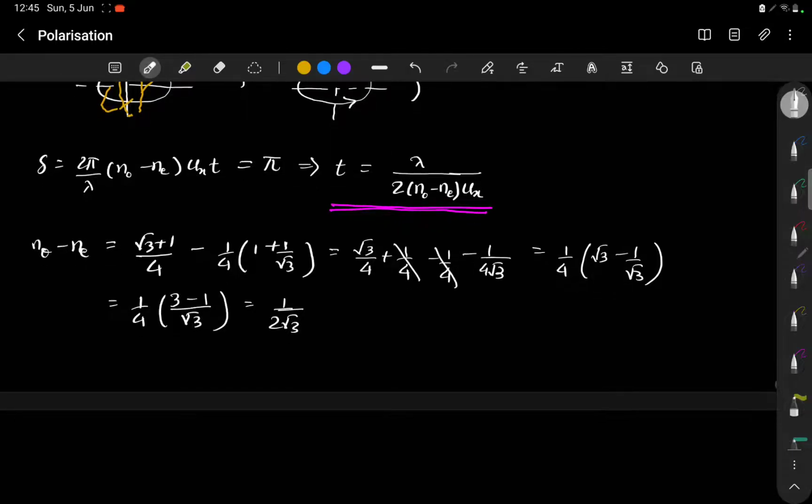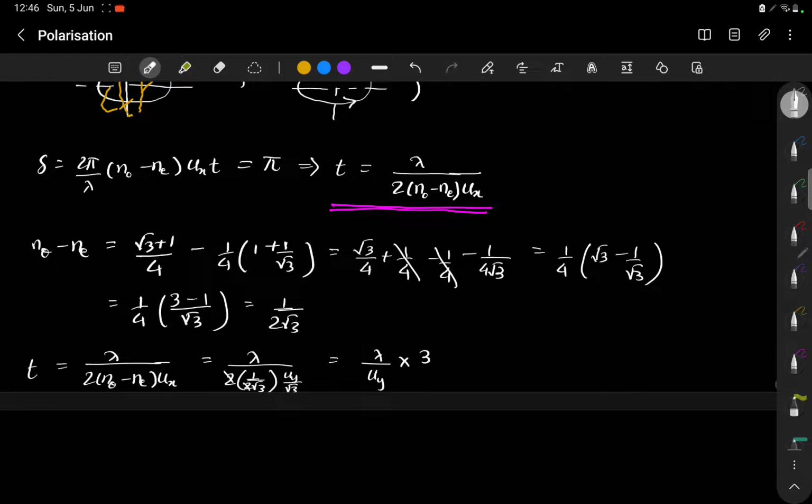So let us plug in the values. T is lambda over 2 times NO minus NE times UX, which is lambda over 2. NO minus NE is 1 over 2 root 3, and UX is UY over root 3. So this 2 right here would cancel. So this would give us lambda over UY into 3.